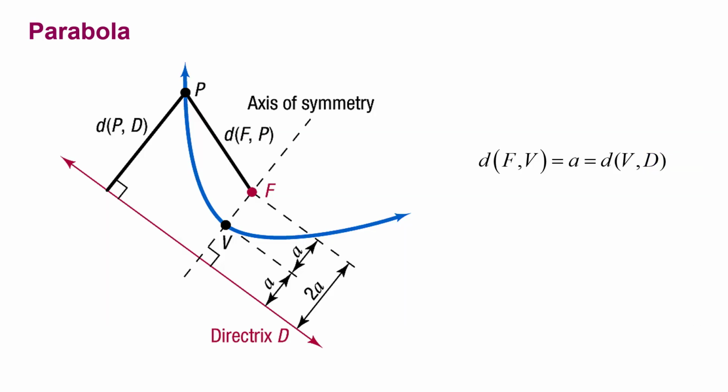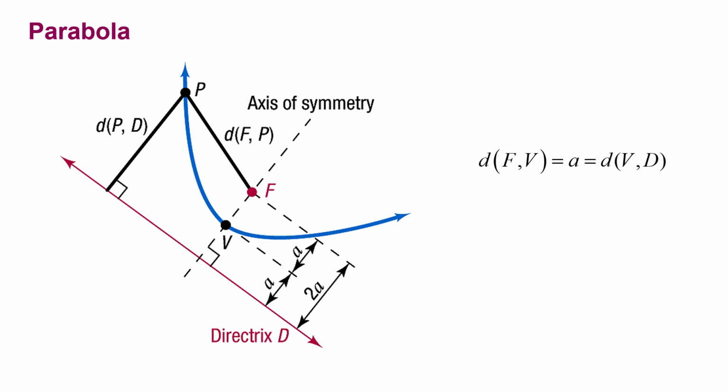The given figure on this slide shows a parabola in blue. The line through the focus F and perpendicular to the directrix D is the axis of symmetry of the parabola. The point of intersection of the parabola with its axis of symmetry is the vertex V. Because the vertex lies on the parabola, it must satisfy the definition.